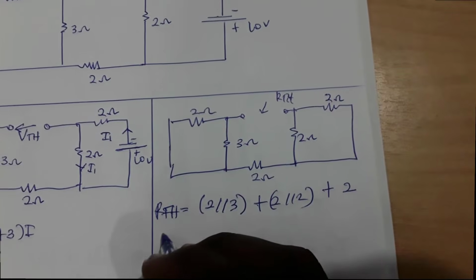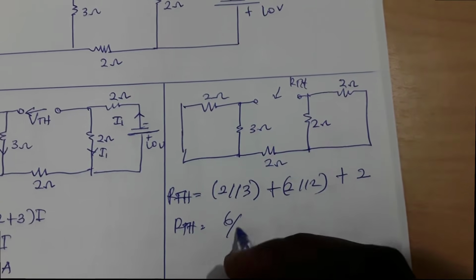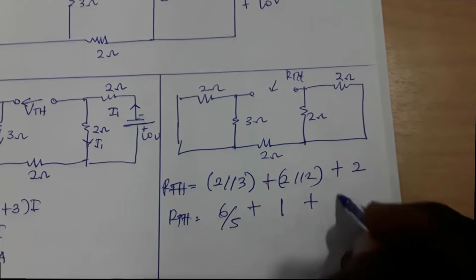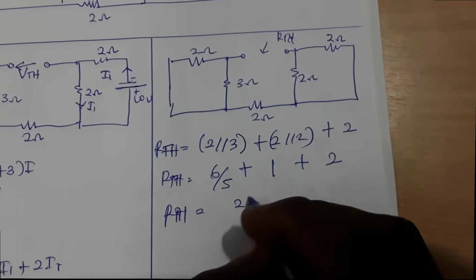So we can say that RTH will be equal to, this should give us 6 over 5 plus 2 parallel 2 is 1 plus 2. So our RTH should be equal to 21 over 5.